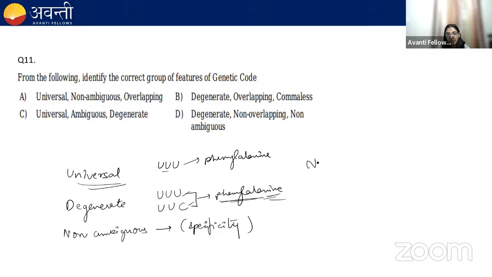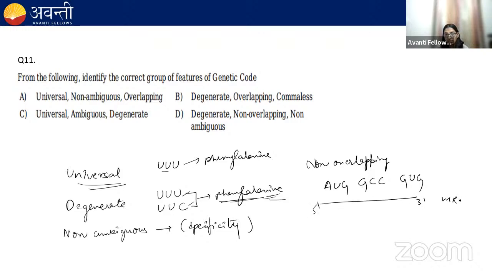And non-overlapping: let's say this is an mRNA, this is codon 1, this is codon 2, this is codon 3. This G is a part of this codon. It can't be a part of the second codon. So it should be non-overlapping. These are the properties of genetic code. Please remember this, it's important.